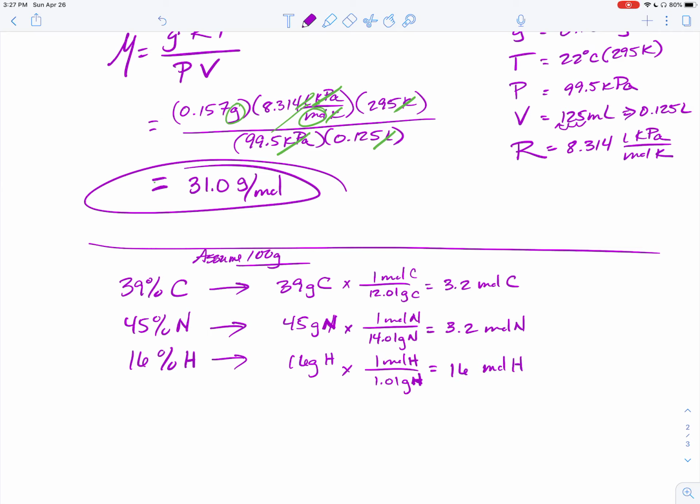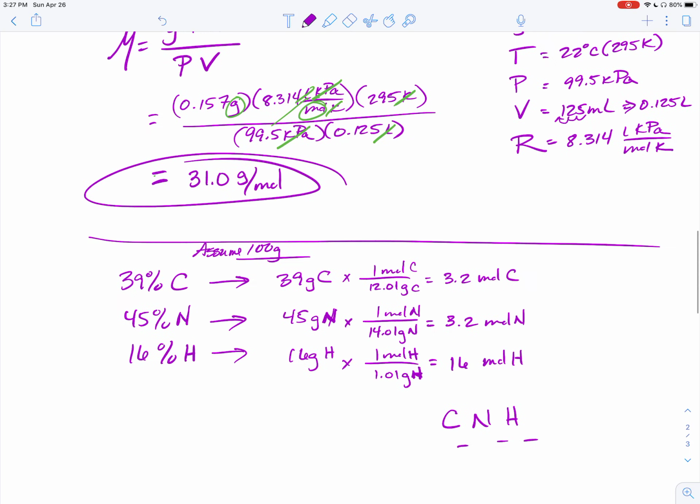Theoretically, these values that you see here should be the subscripts in the formula for carbon, nitrogen, and hydrogen, except we only write those as whole numbers. So the easiest way to determine the whole number ratio is to divide by the smallest value of the three.